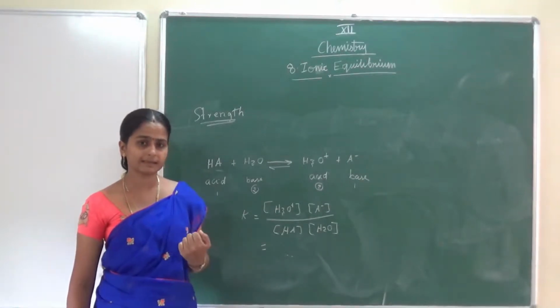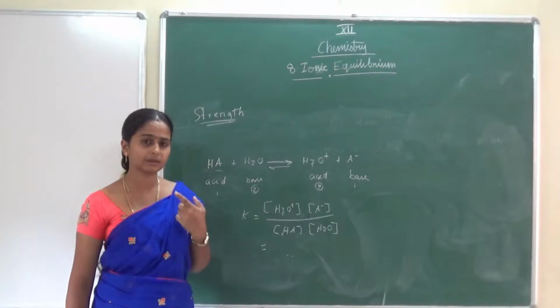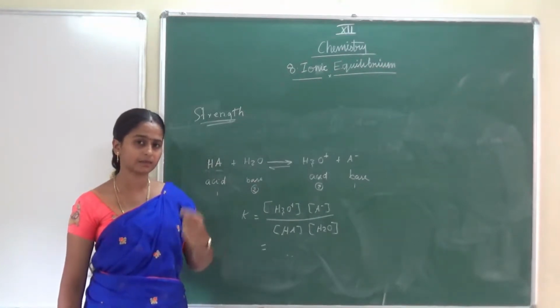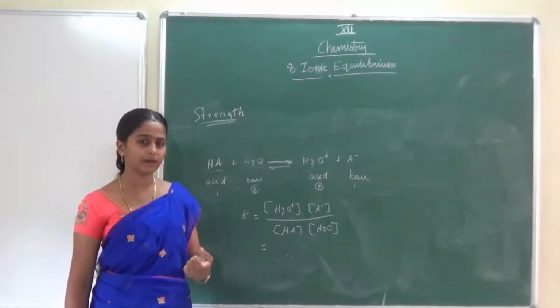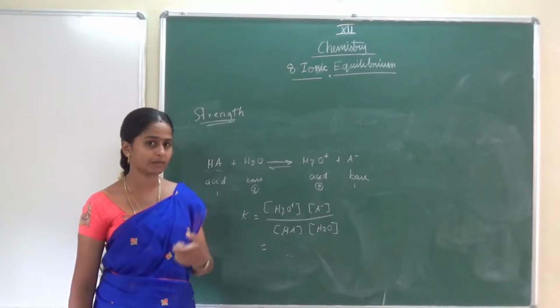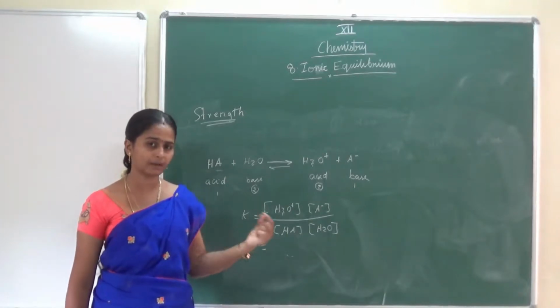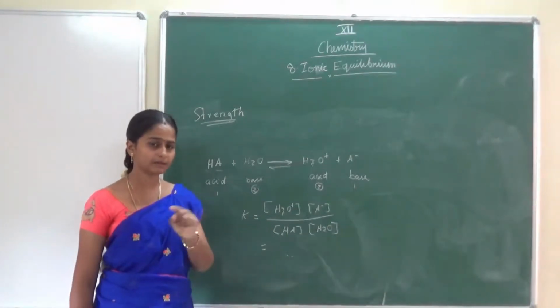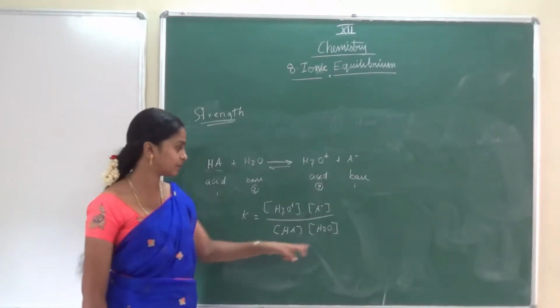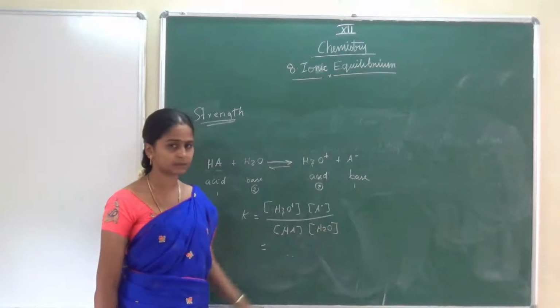In chemical kinetics lesson we discussed pseudo first order reaction, where the change in concentration of a solvent is very negligible. 1 liter of water contains 55.55 moles, but we are going to take only 1 mole to react. So the change in concentration of water is negligible, so we won't take this concentration.